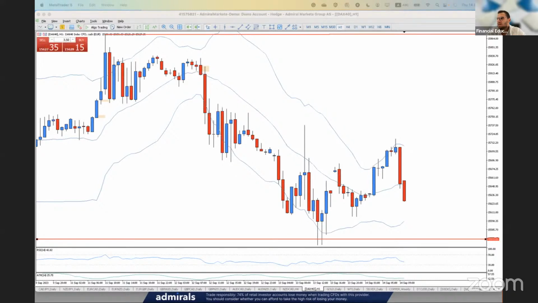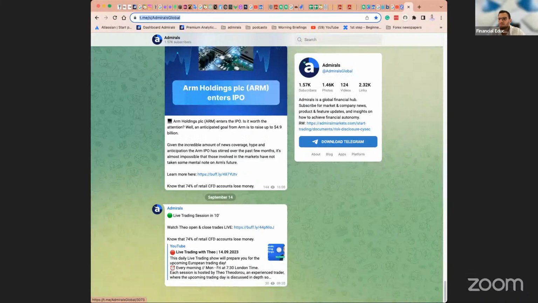Guys, on the Telegram, let me share the screen and show you something here. I thought you knew about that. Where is that one? This one here. So this is the Telegram channel of Admirals. Okay. And when I say I will post something on the Telegram channel, I find the today's live webinar announcement by Admirals, and I reply on that post.